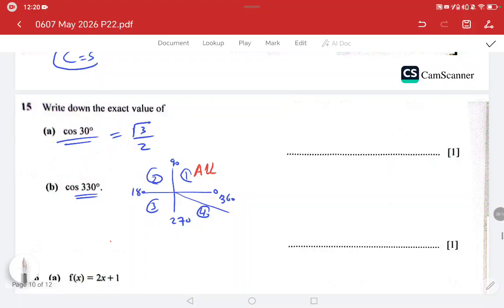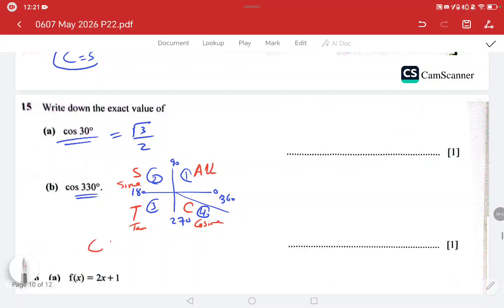Do you remember what I said? For example, All Students Take Calculus. So all trigonometric ratios here are positive, here only sine, here only tangent, here only cosine. So cosine here is positive.